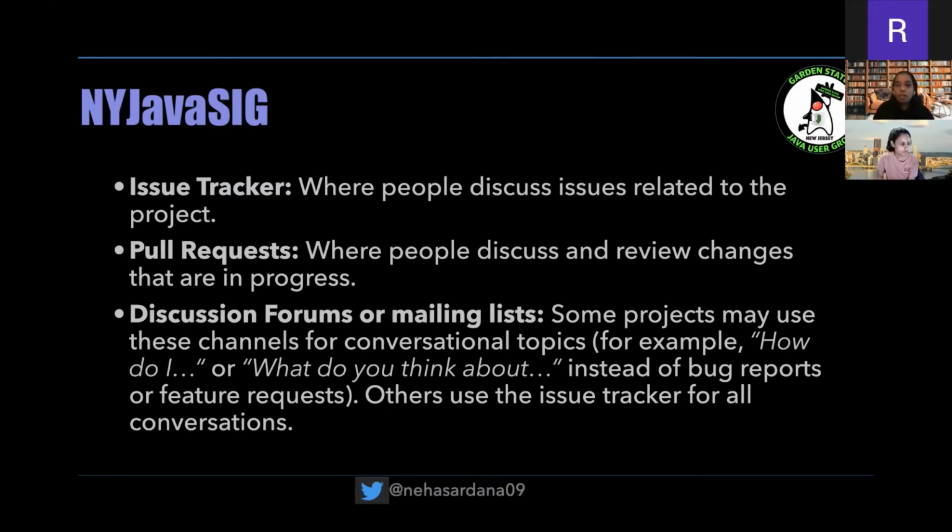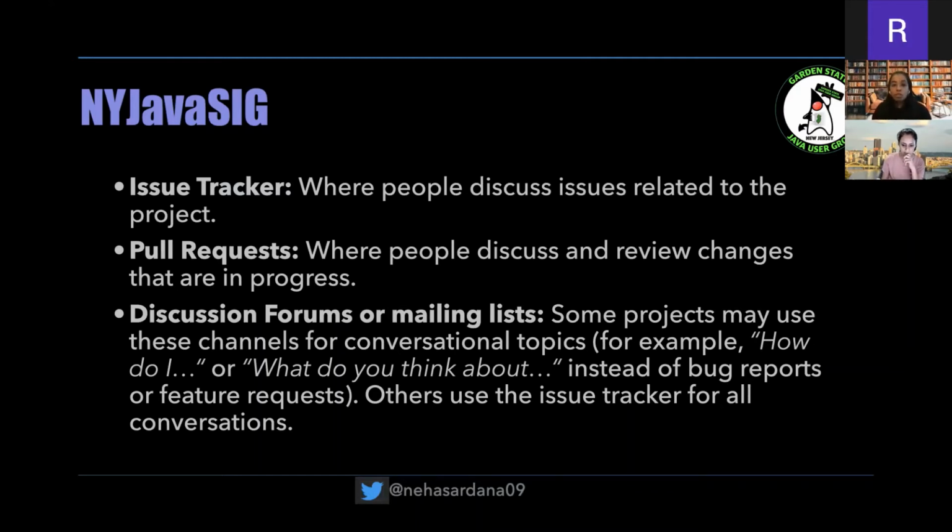I also recommend checking out the mailing list for a lot of projects, because that gives you a general tone of the project, how the people are talking, what things they are talking about. Some people use these channels more often: how do I do this? What do you think about this? Not just writing bug reports or feature requests.